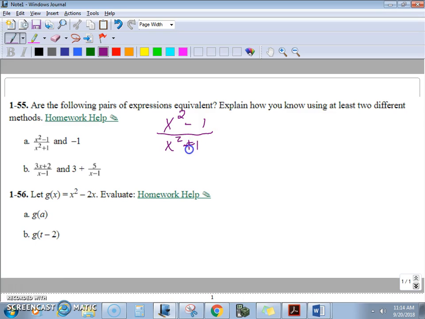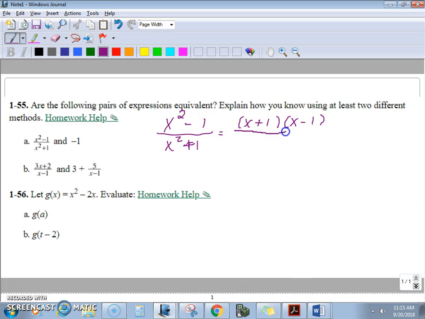So if I can factor both of these sides and see if I can cancel anything out, I know that x squared minus 1 is the difference between squares, which makes it really easy to factor. I take the square root of x squared, which is just x, and the square root of 1, which is just 1, and one is a plus, and one is a minus.